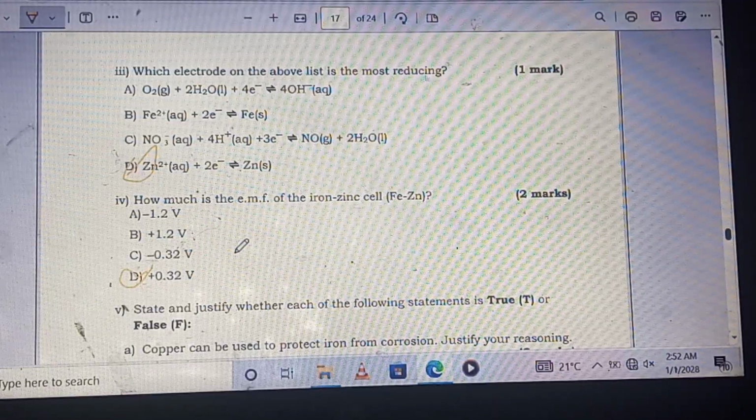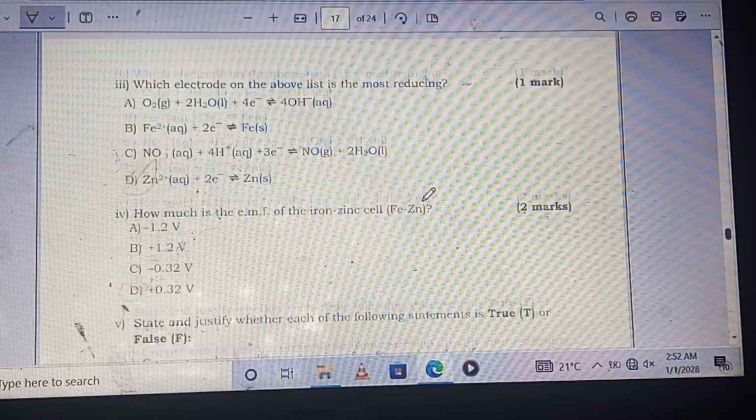The E cathode is negative 0.44, E anode is negative 0.76. E cathode is the electrode of iron, E anode is the electrode of zinc.